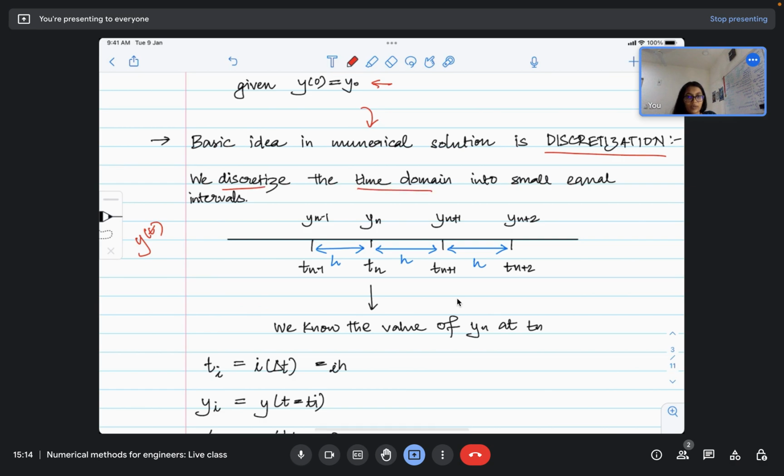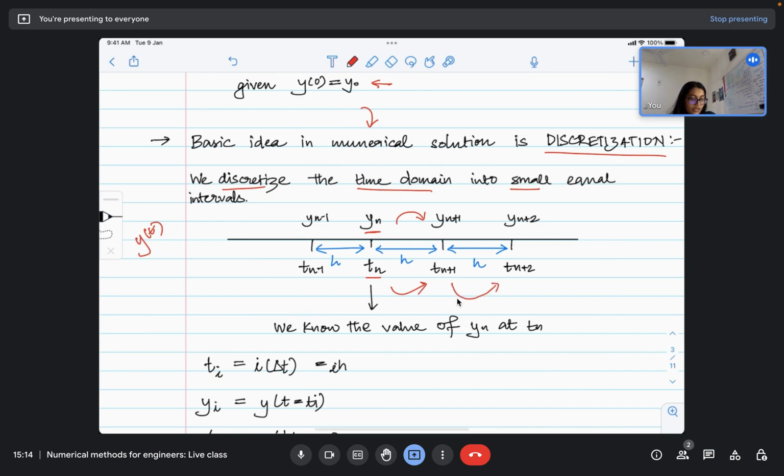And how do we do that? We basically break it down into small equal intervals in which we are given the value of y at tn, and we are interested in finding the value of y at tn plus 1, which we do not know, and so on, tn plus 2 and so on.